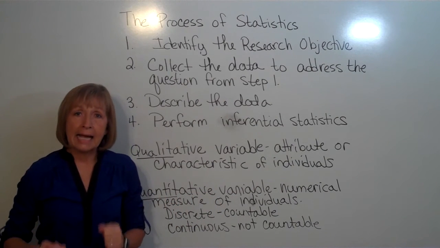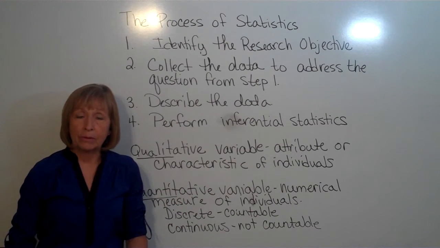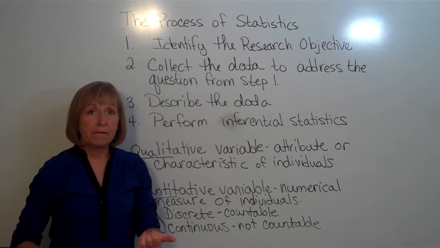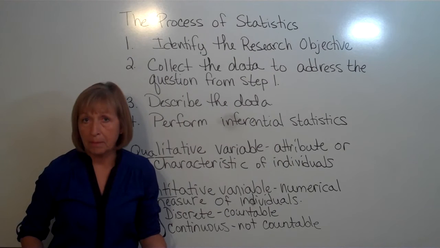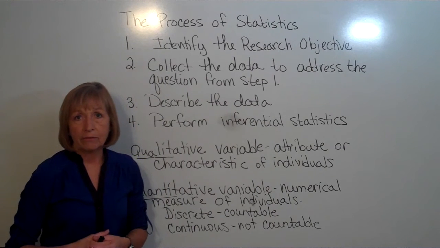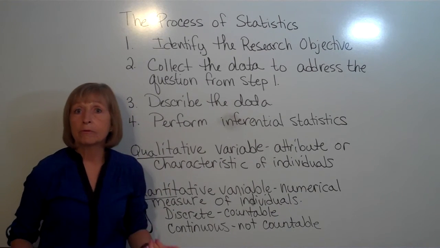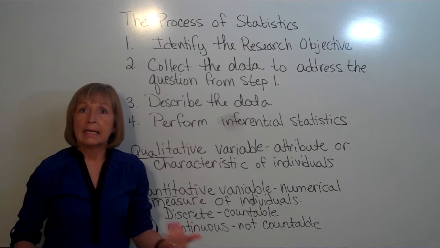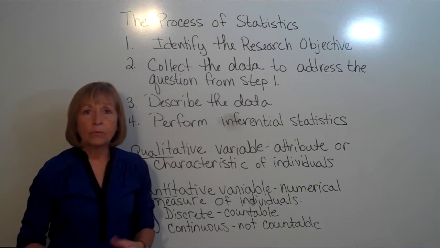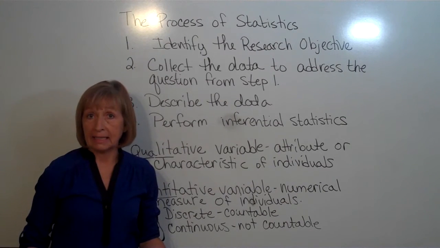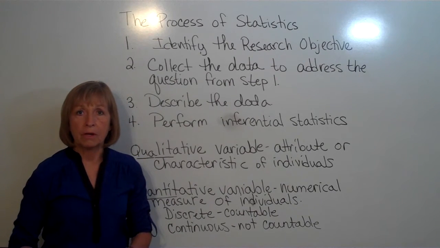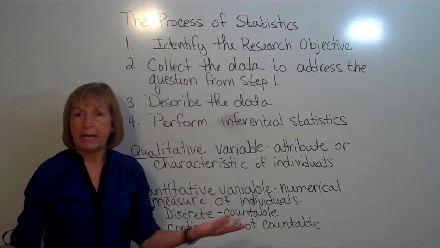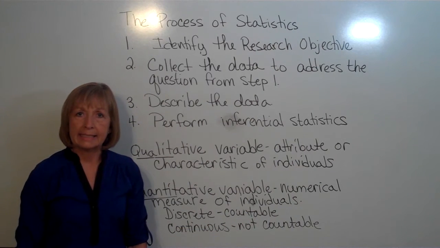Now discrete data is something that's countable. Like I can count the number of eggs in a robin's nest. I can count the number of puppies in a litter of puppies. I can count the number of goals scored in a game. I can count the amount of money that I have in my pocket or that I paid for gasoline or whatever the case is.